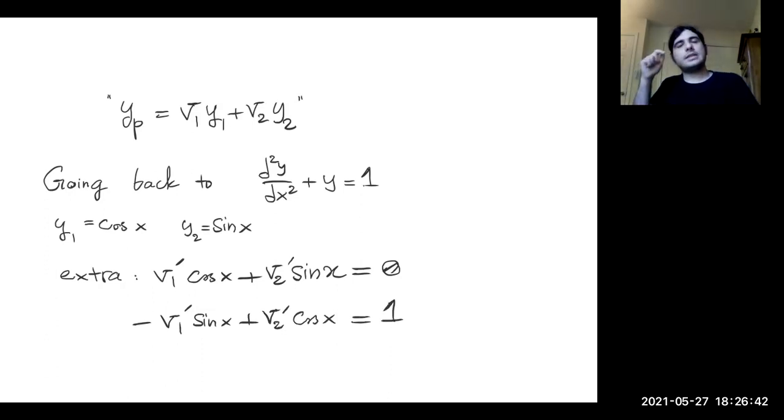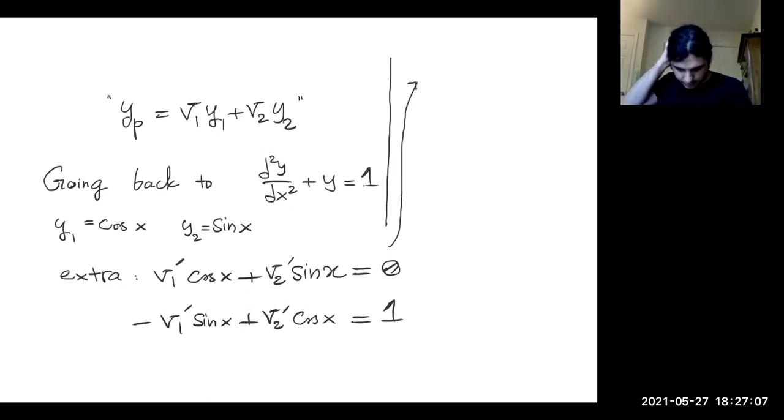And now we should solve this to find v1 and v2. First, we would find v1 prime and v2 prime, and then we would integrate to find v1 and v2, right? Let's see if we can do that. I would multiply the first equation by sine. So I would get v1 prime sine of x cosine of x plus v2 prime sine of x squared equals 0.